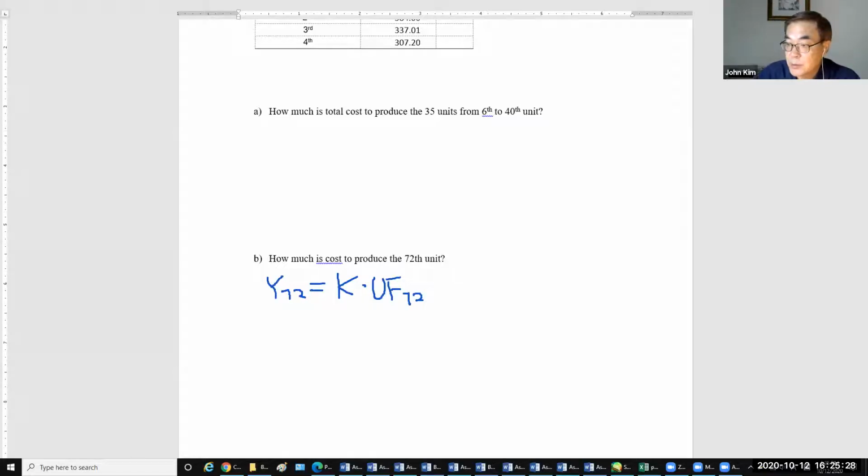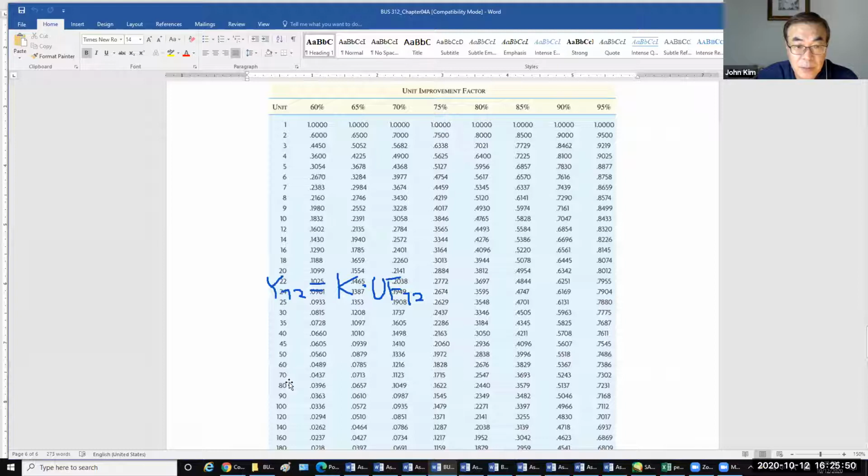But the problem is we cannot find the 72nd unit factor at 80%. In that case, if you want to use this unit factor chart, try half of that one.